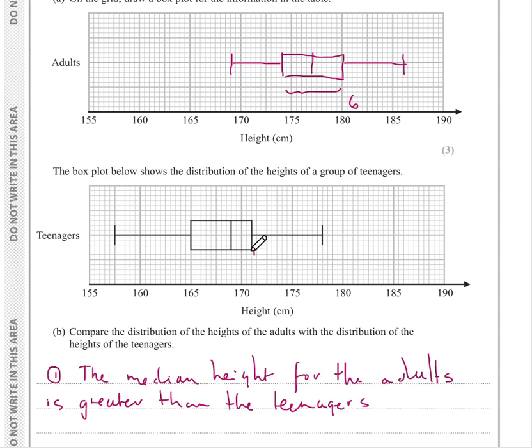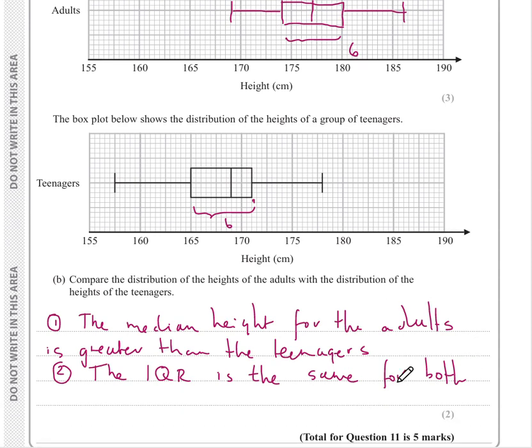This one here is going to be 171 take away 165, so is also going to be 6, isn't it? So part 2, the interquartile range, or IQR, is the same for both adults and teenagers.